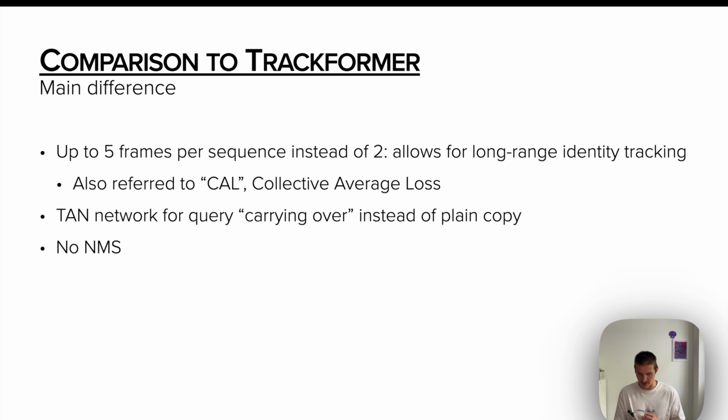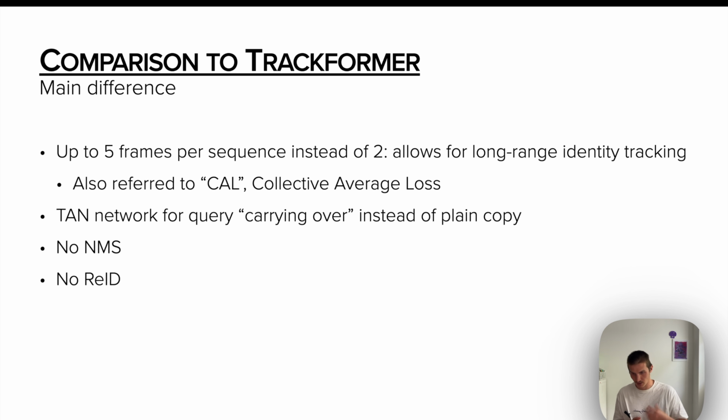Another small difference is that during inference, during actual evaluation, when we don't know the ground truth objects, MOTR does not use non-maximum suppression, which is quite good. You want something that works without heuristics, and NMS can be quite slow. Although, due to the transformers used in the model, which are not like RT-DETR, for example, the transformers themselves will be very slow, so MOTR, like TrackFormer, is not going to work that well for resource-constrained systems like robots.